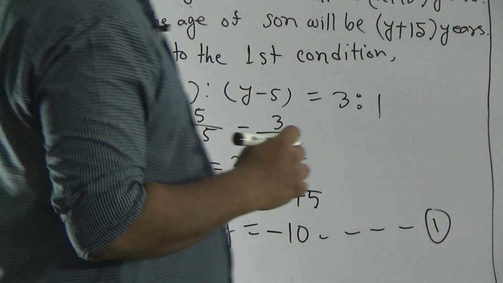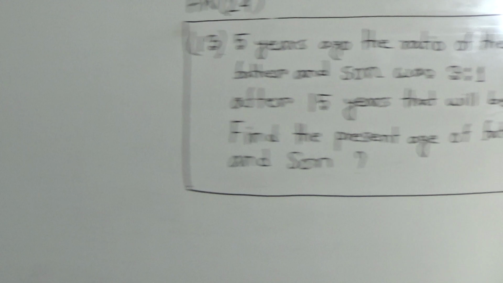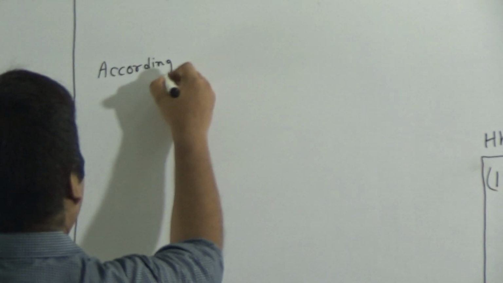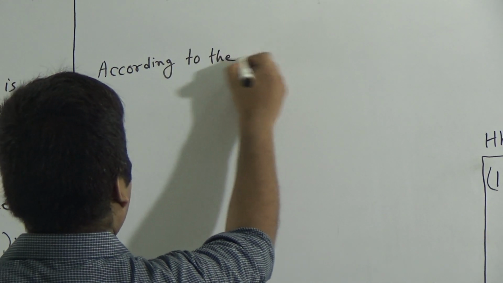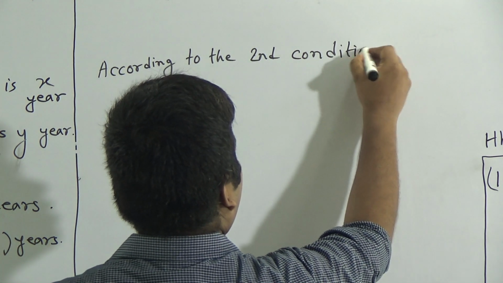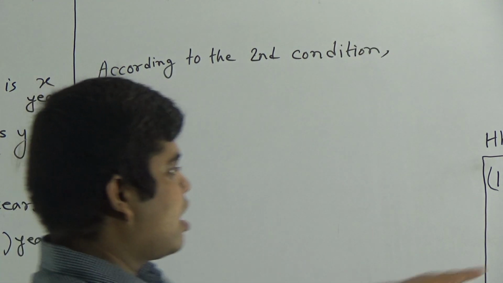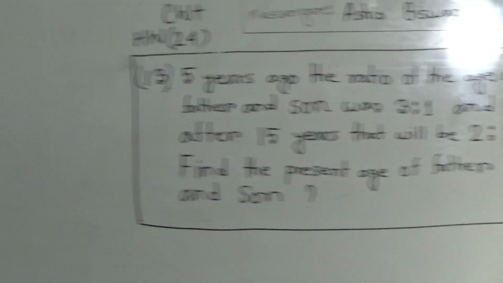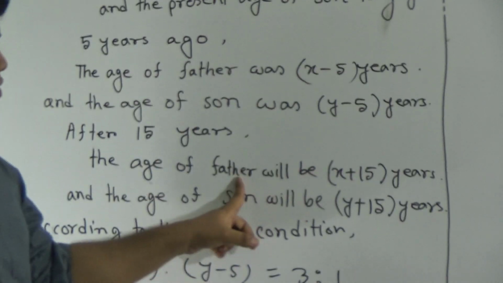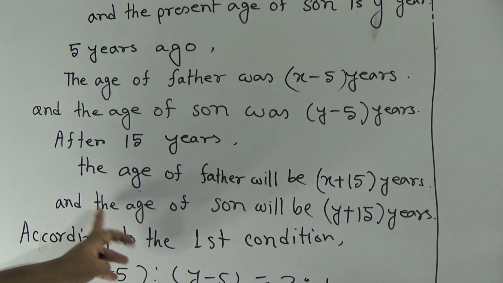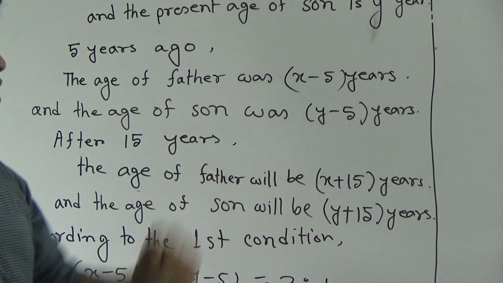Okay. Now according to the second condition, notice after 15 years that will be 2:1. And here you notice after 15 years the age of father will be x plus 15 and after 15 years the age of son will be y plus 15.